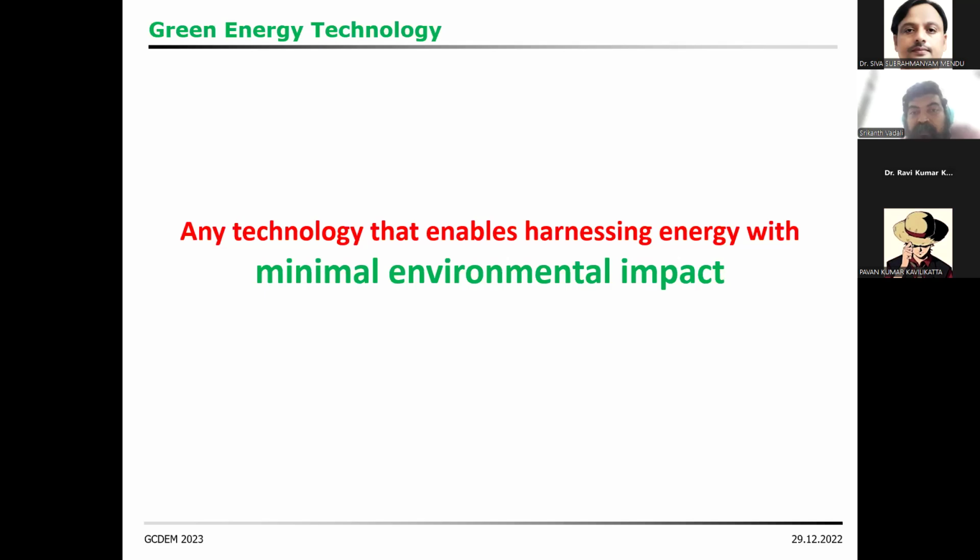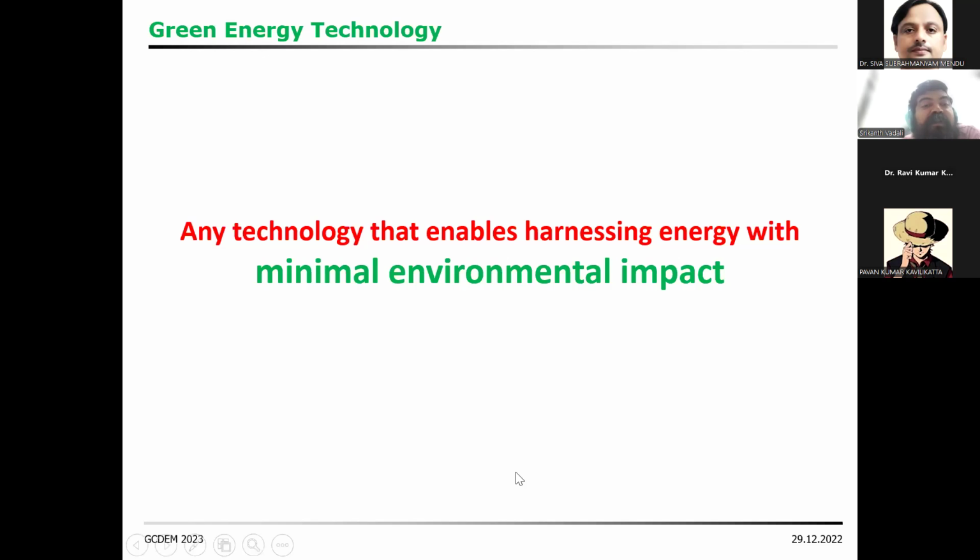Okay, so we don't say that ideally there can be a technology which doesn't give us greenhouse gases when you consider the complete life cycle. Any technology you take, there cannot be any technology which doesn't harm the environment. So ideally there cannot be a green energy technology, but only if you consider a lenient definition.